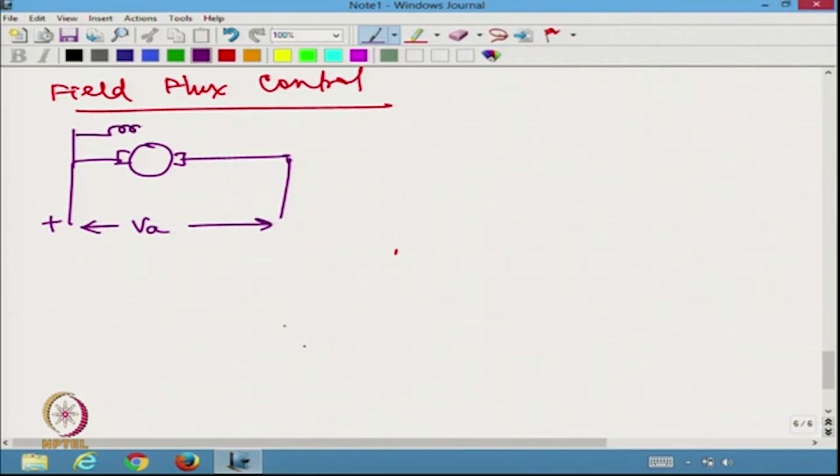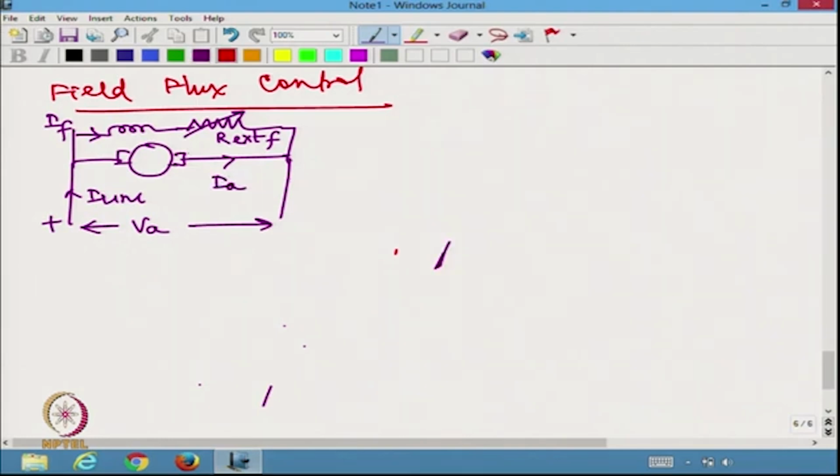Here is my field system. I will put an external resistance and I would vary that. So, this is R external F. This is original RF. So, this is going to be IF and this is I line and this is IA.